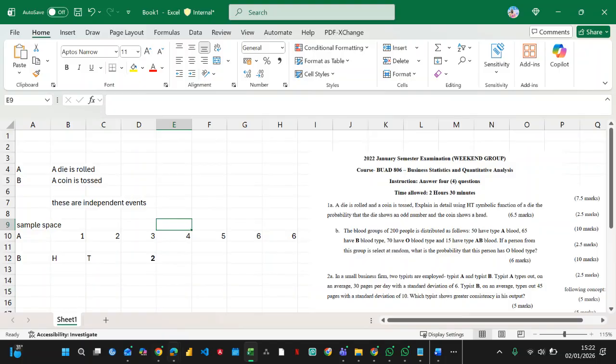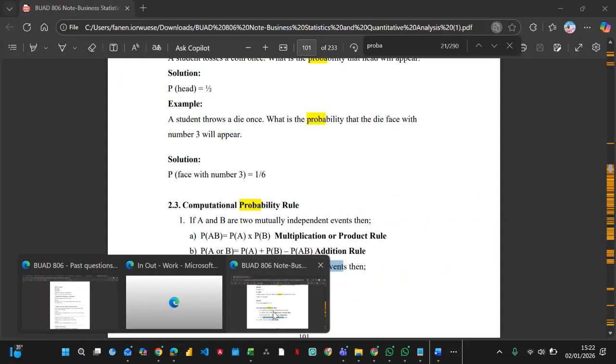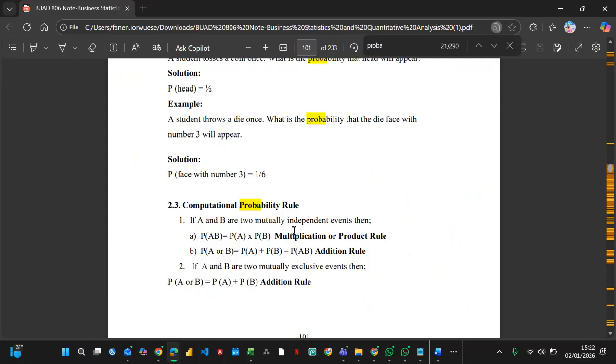Now remember, what is our total outcome for these two events?